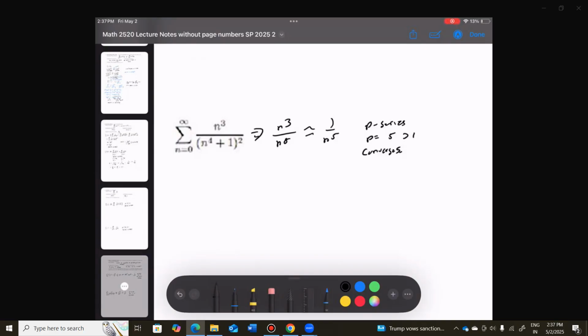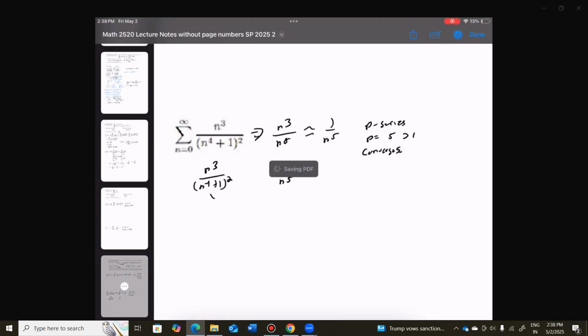So we'll compare this to n to the third over n to the 4th plus 1 squared, and 1 over n to the 5th. Okay. If we think about this, the denominator itself is smaller than n to the 5th.